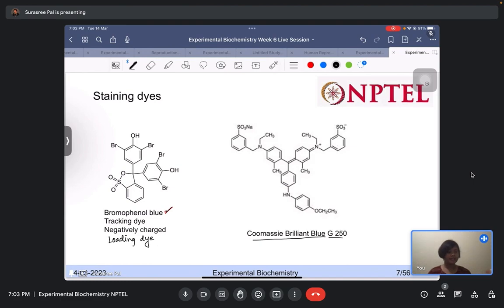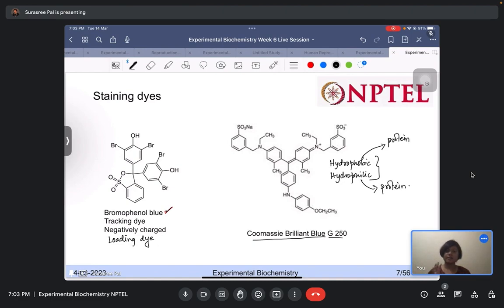This G250 dye has a hydrophobic region and hydrophilic regions, so it has both. With its hydrophobic region, it can interact with the hydrophobic region of the protein, and with its hydrophilic region it can interact with the hydrophilic region of the protein.